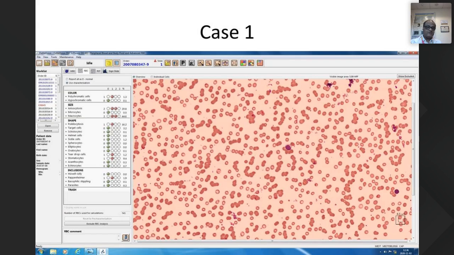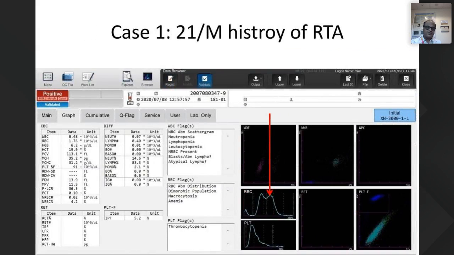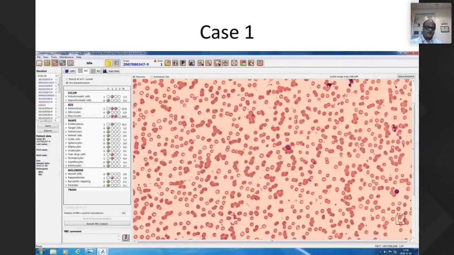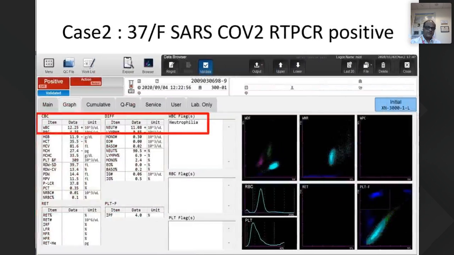Surprisingly, at this age of 21 years, a dimorphic picture really confused us. But within a span of about 3 minutes, we were able to tell the clinician that this is a pathological fracture. Probably it was coincidental that he had a road traffic accident. Kindly evaluate for the myeloma itself.